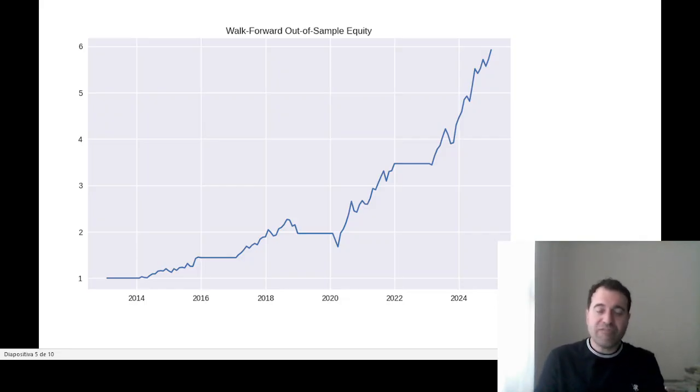You can see flat periods, you can see drawdowns, you can see acceleration phases. That's realistic behavior. And more importantly, the growth persists across multiple market regimes, including the 2008 crisis, the 2020 pandemic, and the volatility after 2022. That persistence is what matters.